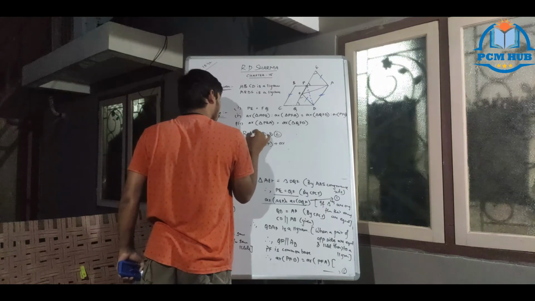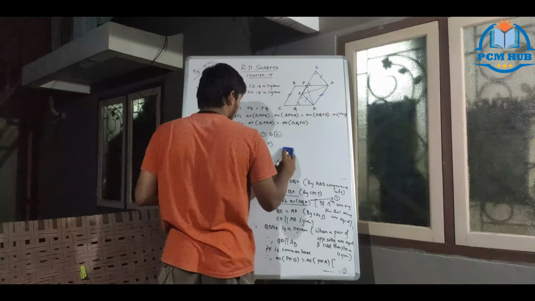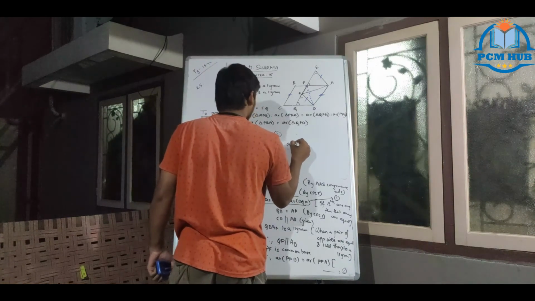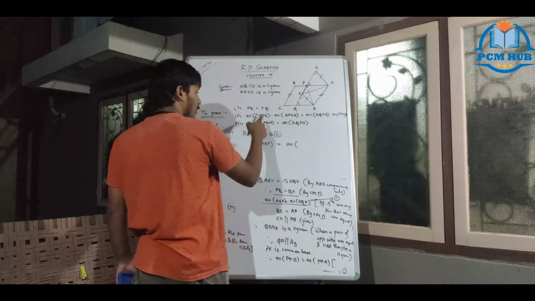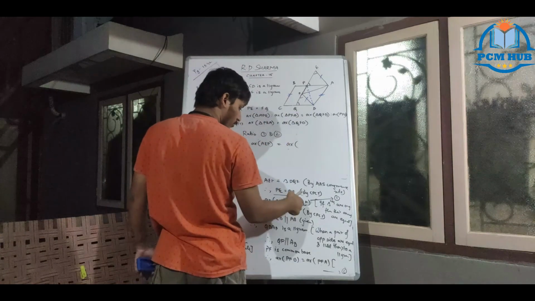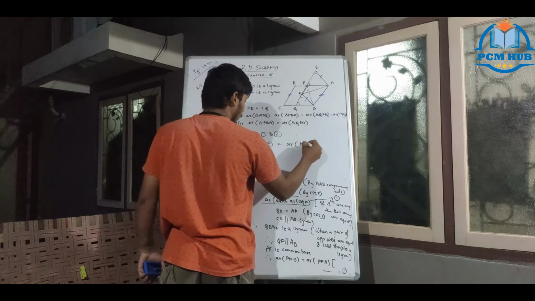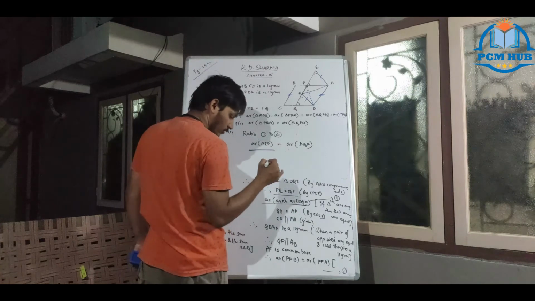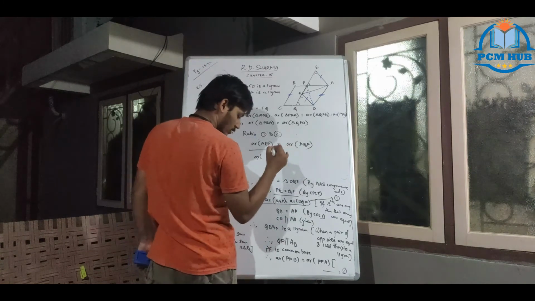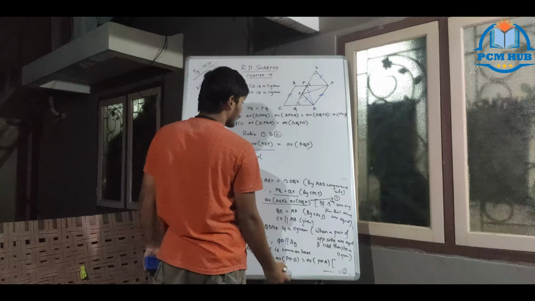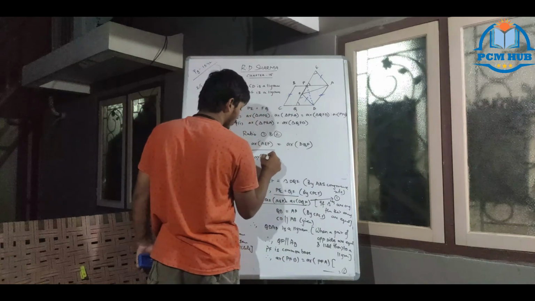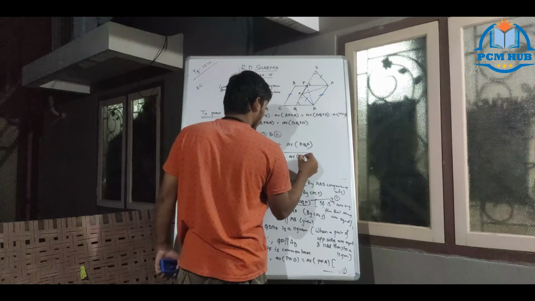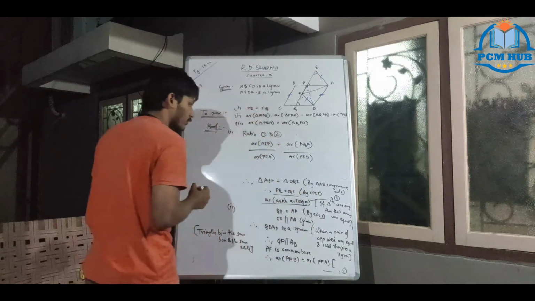Ratio of 1 and 2. The area of APE equal to area of QFD, or DQF, both are same. This is 1, and 2 is below. Area of PFD, this is PFA. So this is what we need.